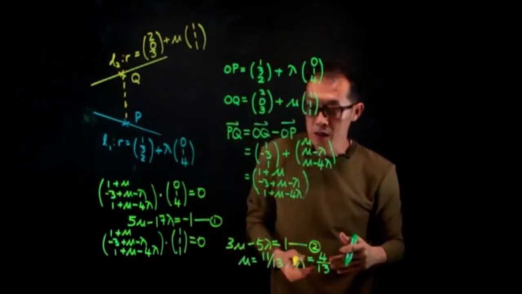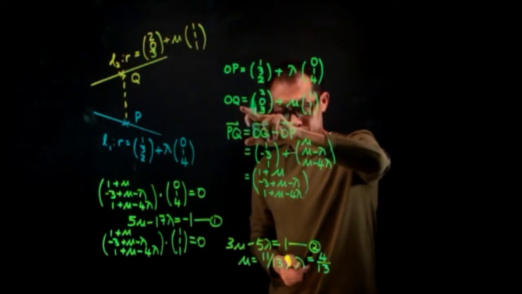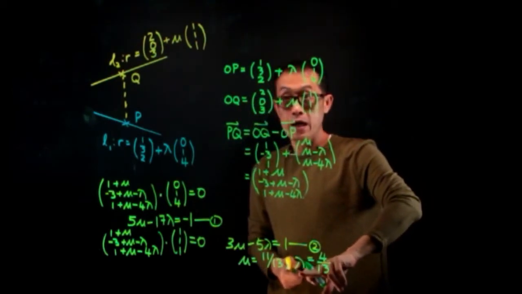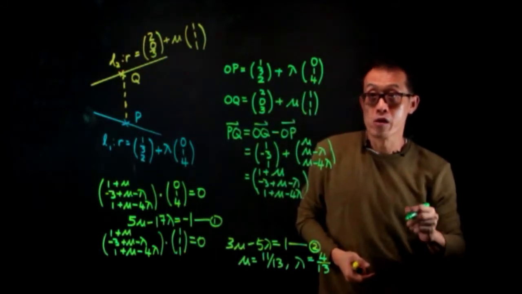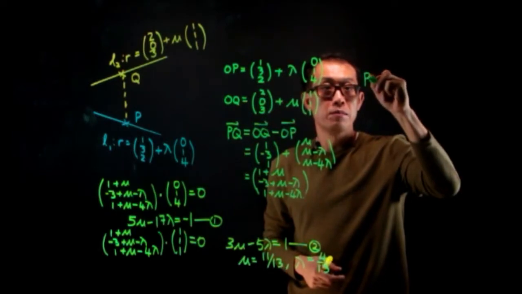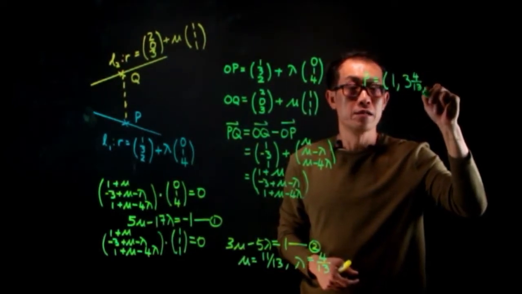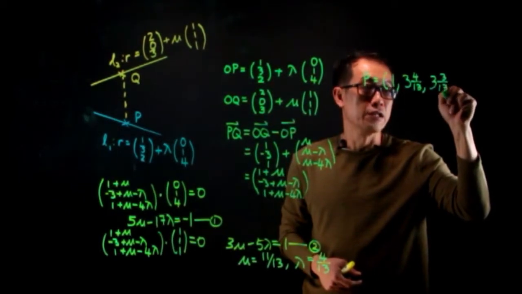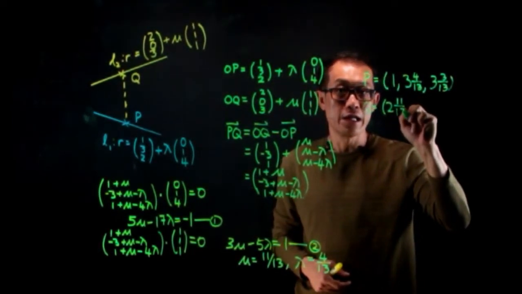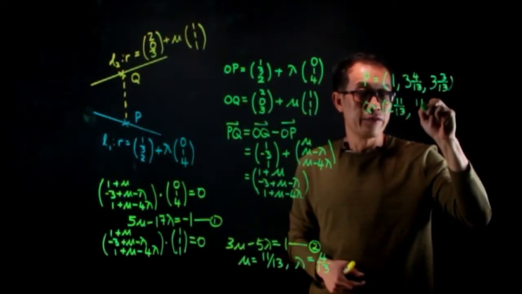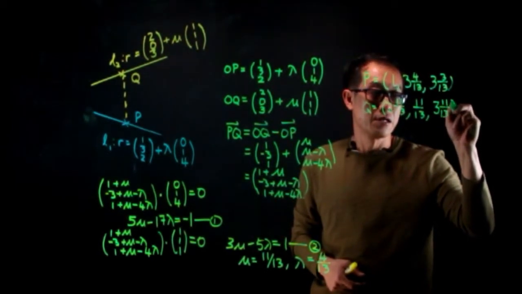Now to find OP and OQ, you substitute the value of mu into OQ to find the coordinates of Q, and you put lambda into OP to find the coordinates of P. For that, you will get P equals (1, 3 plus 4 over 13, 2 plus 16 over 13) and Q equals (2 plus 11 over 13, 3 plus 11 over 13).